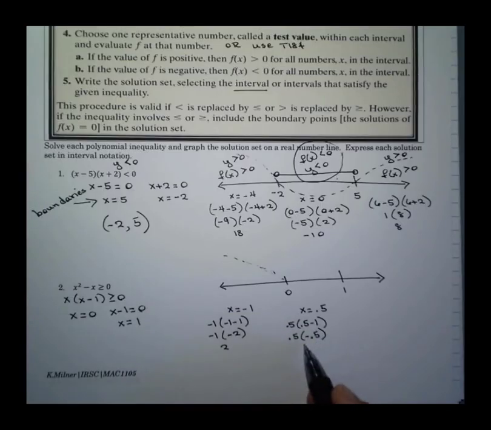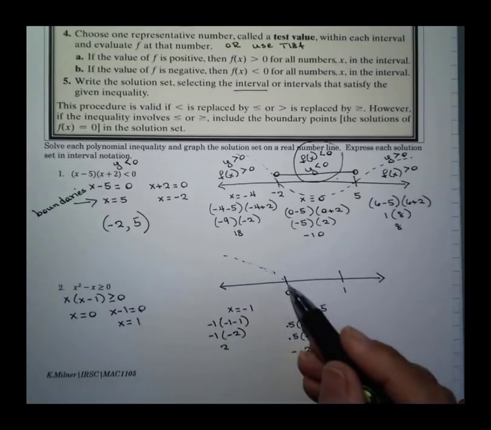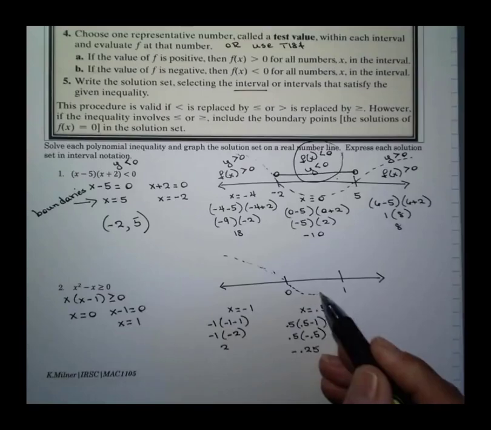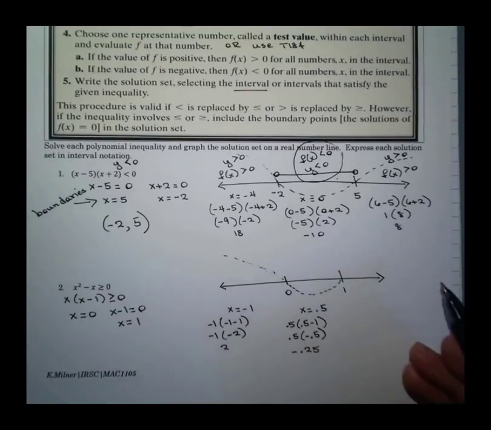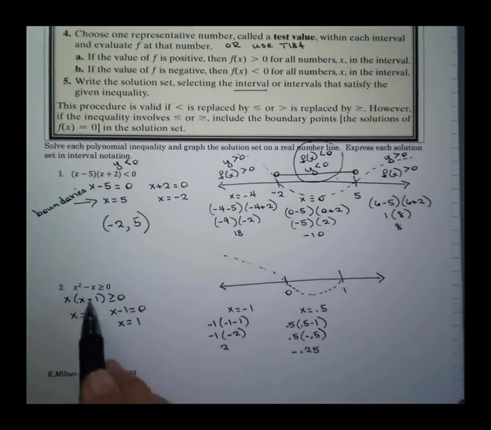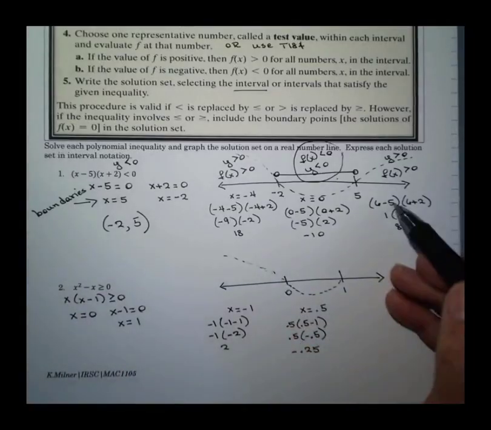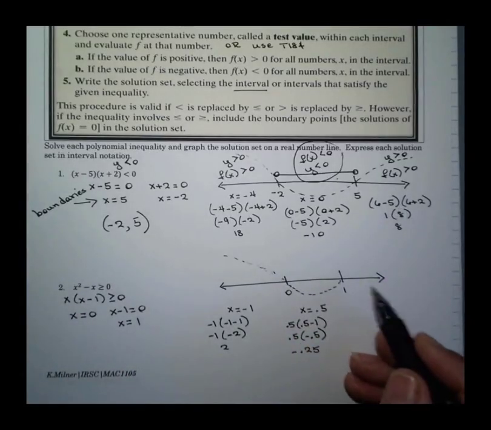And I'm obviously going to get a negative number, negative 0.25, right? But it doesn't matter what it is. It's negative, so it's going to go down below for this part of my graph. I'm assuming it comes back up and crosses at this point. It looks like a parabola, and that makes sense because this is an x squared, isn't it? So it's going to go down and up. Those would be the two directions it takes.